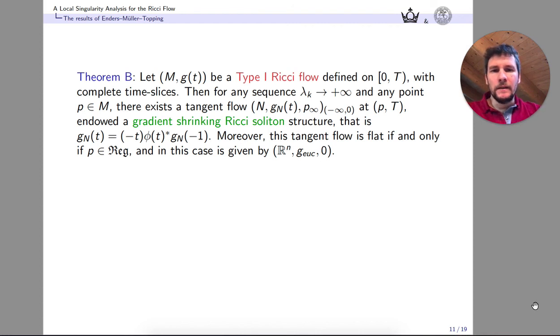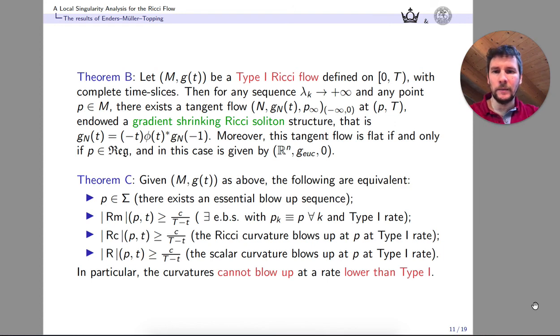Okay, so we say that any limit flow or any tangent flow is a self-similar solution to the Ricci flow. Moreover, we know that these tangent flows are flat if and only if the point is a regular point, and in this case they're actually given by the flat Euclidean space.